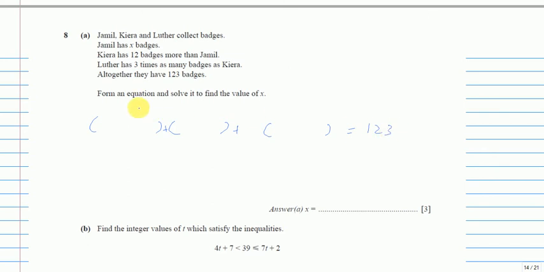Let's start with Jamil. Jamil has X badges. What about Kiara?